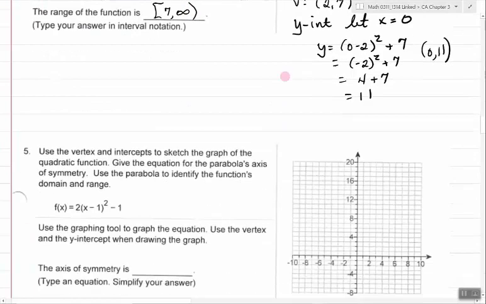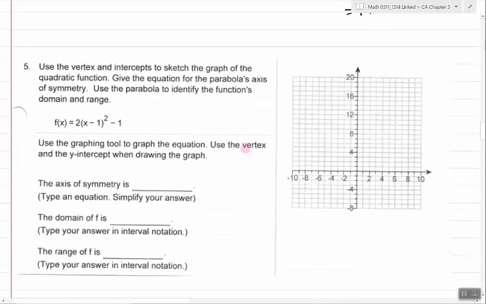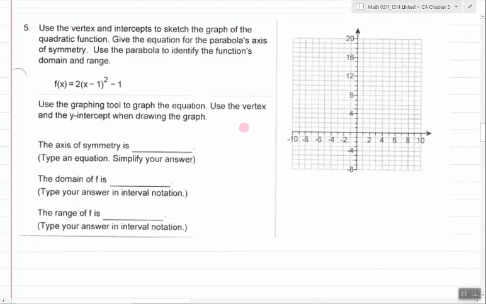All right, let's look at number 5. It is more of the same. The only difference is that this has a coefficient of a is 2, but that will affect some things, but my MathLab will take care of it.